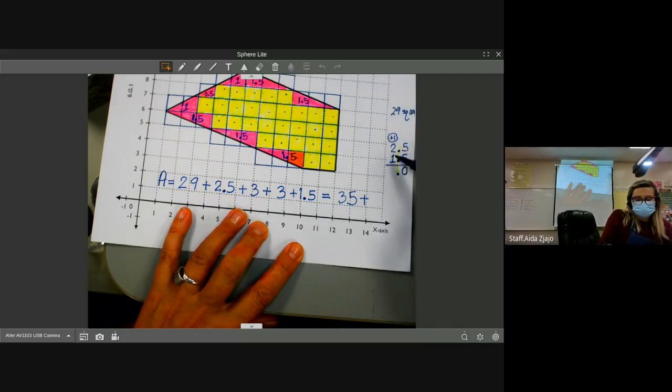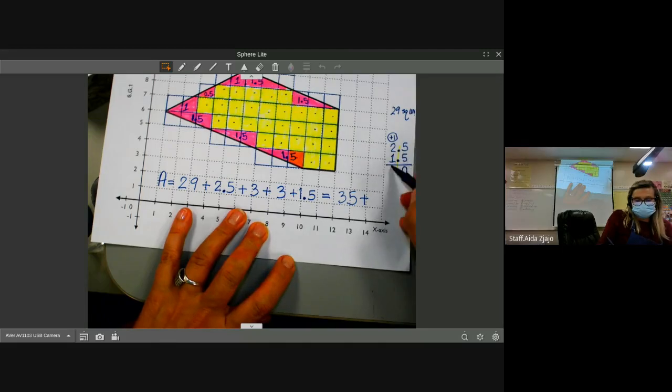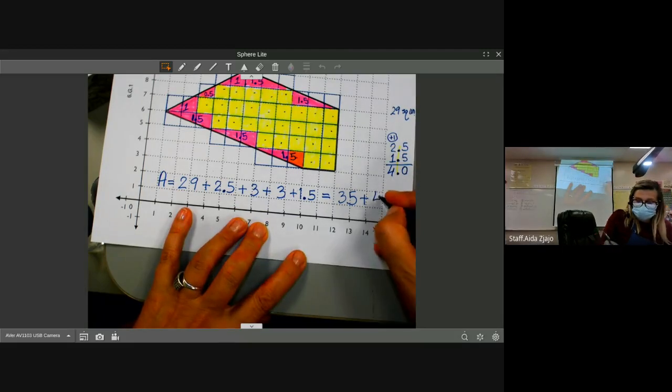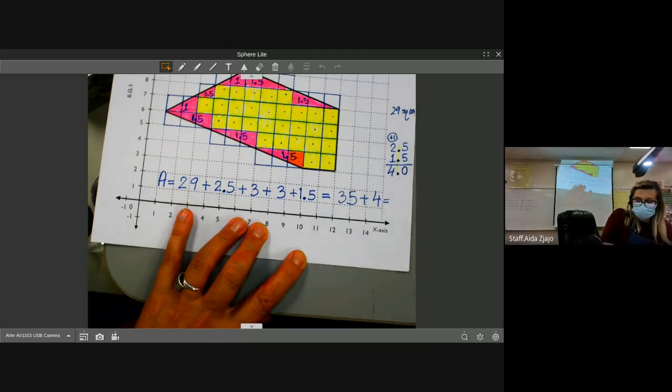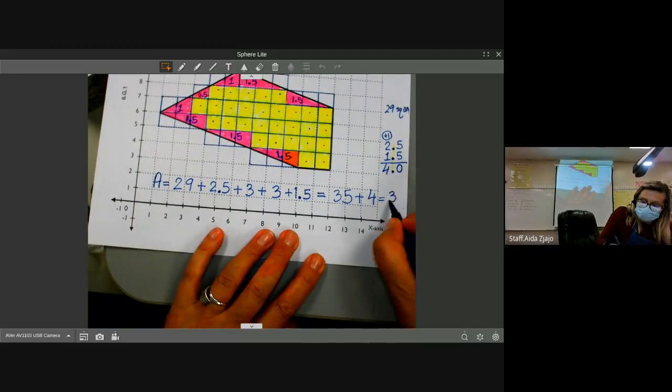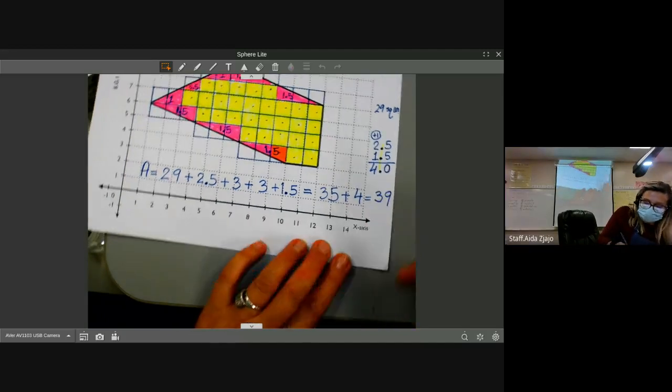Carry the one. So what is it equal to? 4. That's right. And then if I say 4, what is my area? 39 squared units.